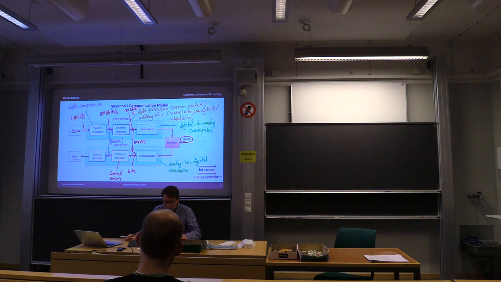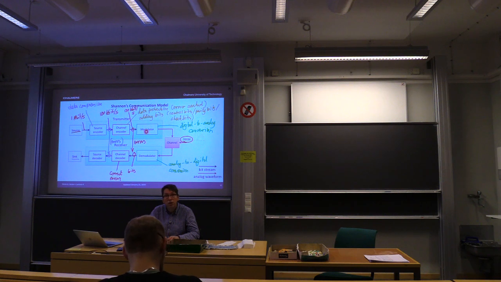Now, to couple the Shannon communication model to the ISO model we had before: the source encoding and decoding are typically put in the application layer, so it's not part of the physical layer. While the channel encoding and modulation is typically thought of as part of the physical layer.